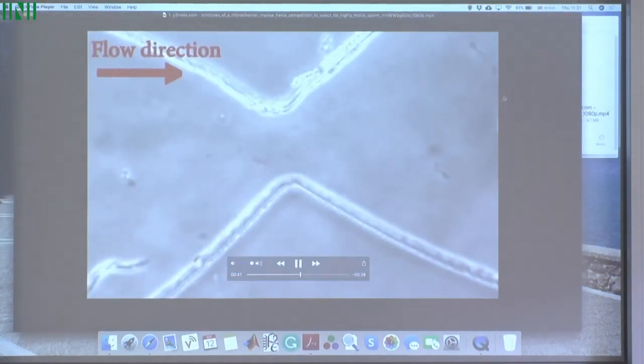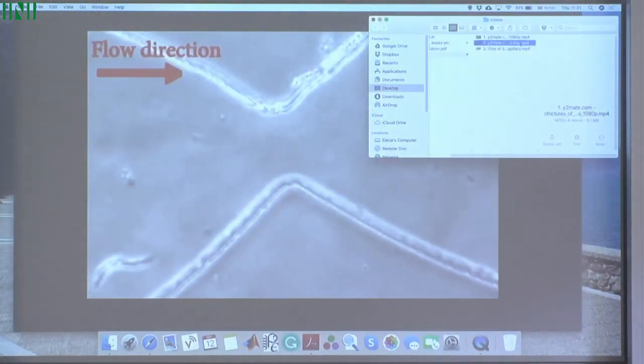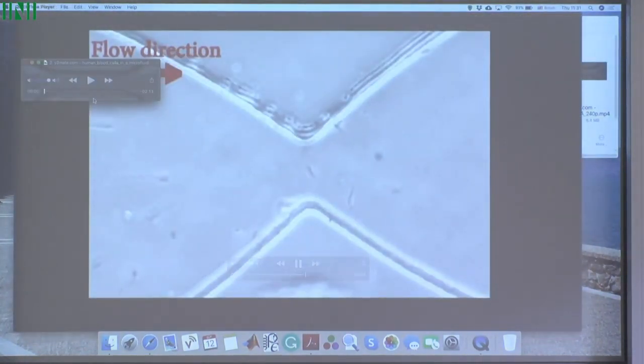This is another example. These are red blood cells, which again are moving in these complex polygonal or circular boundary geometries.